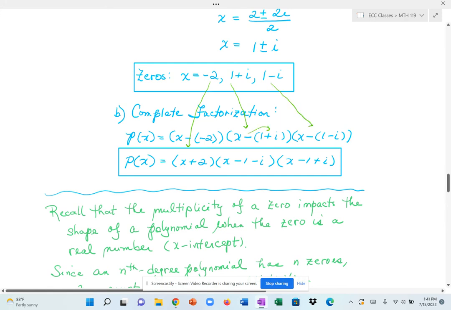And the one associated with 1 minus i is x minus (1 minus i). So again, I just distributed that minus on the next line. So the complete factorization of the original polynomial is what you see inside of that box. And again, if you were to multiply it out, it should equal the original polynomial.